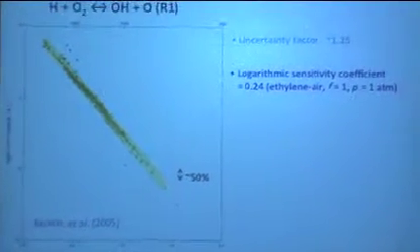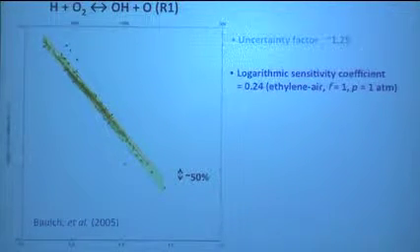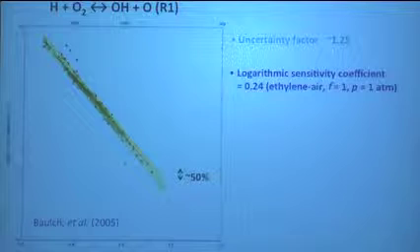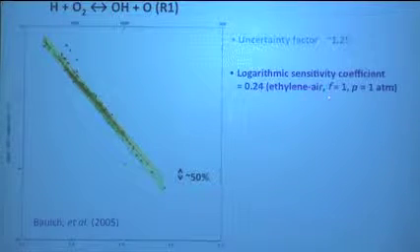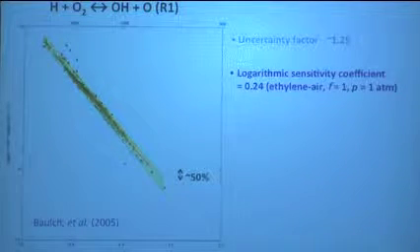You're asking the next question. If I were just to account for this reaction, how much impact do I have on what I wish to predict? Let me take a benign case. Ethylene air flame speed at phi, an equivalence ratio of 1, pressure equal to 1 atmosphere.